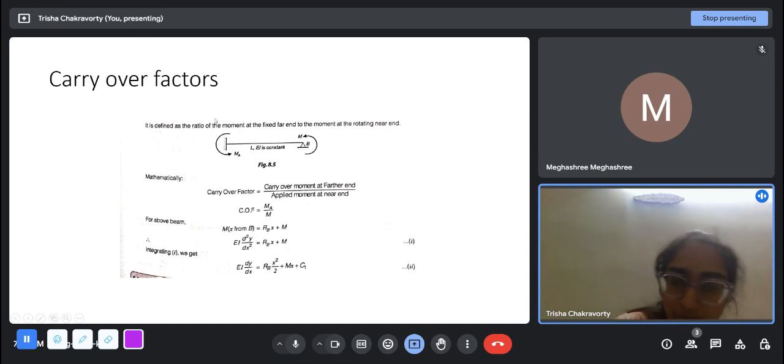So for this propped cantilever, at a distance x from B, there will be a reaction RB here. So RB into x plus M will be M, and this is basically applying the elastic curve equation method. You can apply any method to find MA.